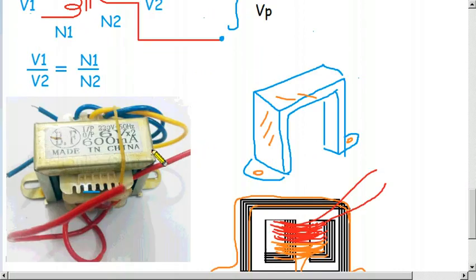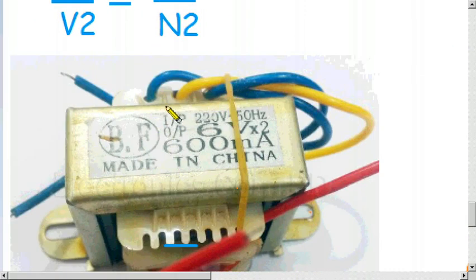This one is the secondary, this one is the primary. Here you see a blue color wire, then a yellow color wire, and again one blue color wire. There are small holes here in the bobbin, so from that bobbin these three wires rise up. The center one is yellow.